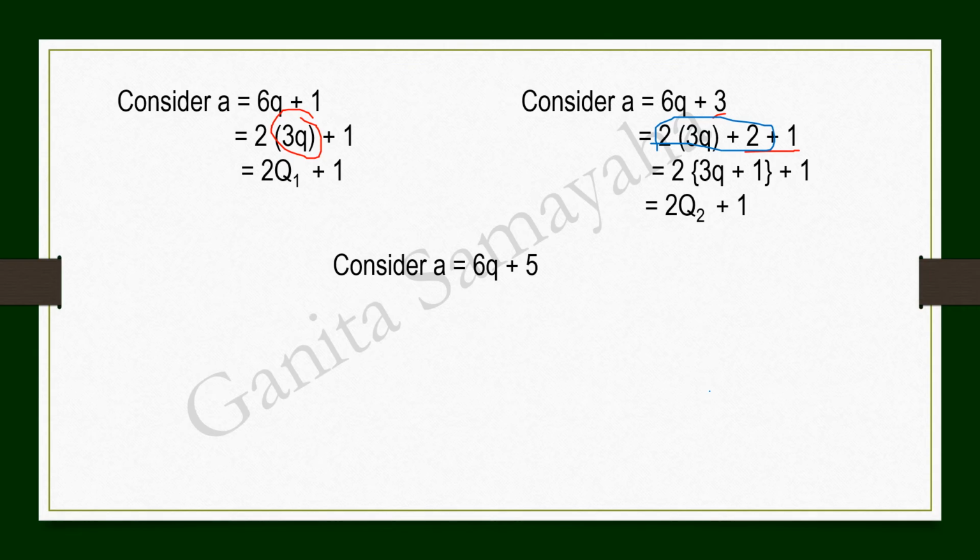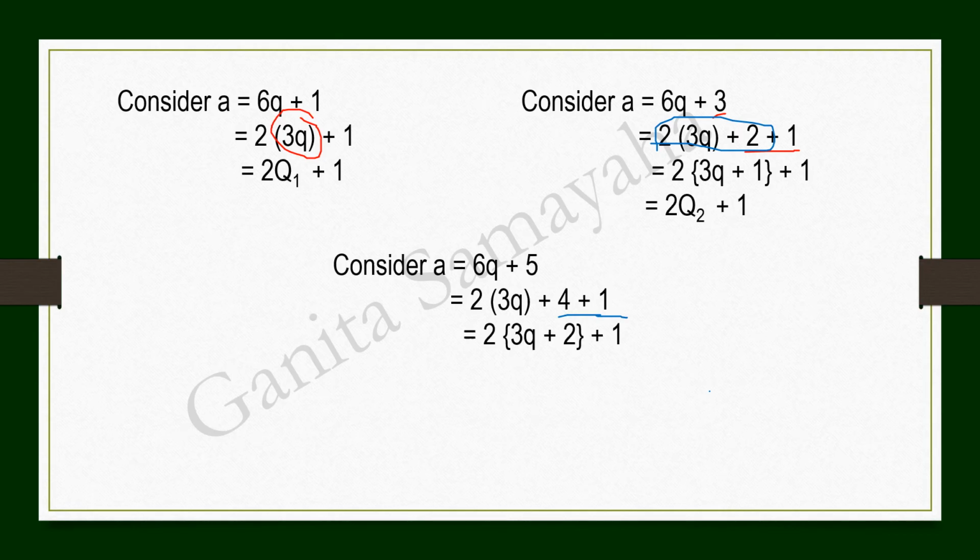Similarly, let us consider a equal to 6q plus 5. We can write this as 2 into 3q plus 4 plus 1. Why have we written plus 4 plus 1? Because we want to have something plus 1, 2 into something plus 1. Hence we have written this 5 as 4 plus 1. Okay, children.